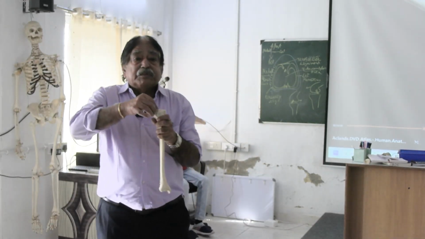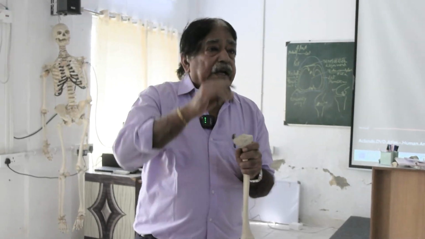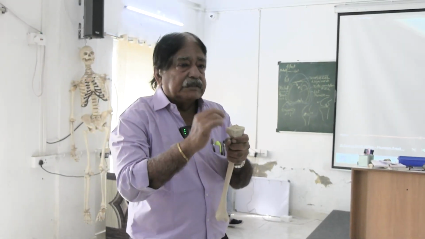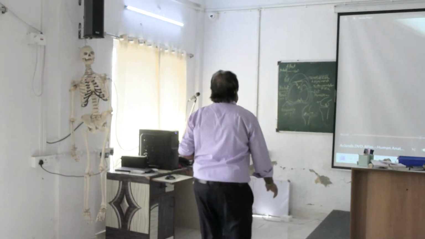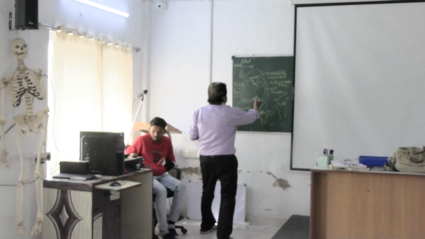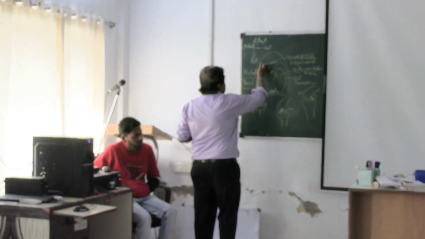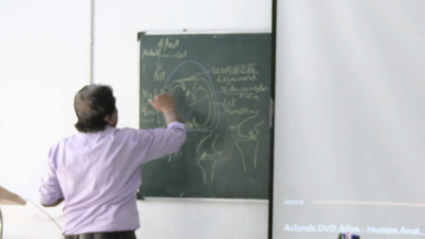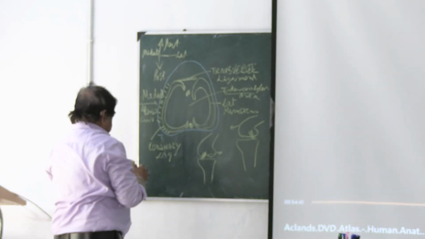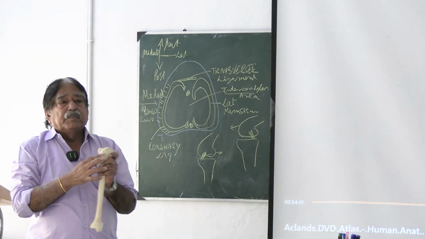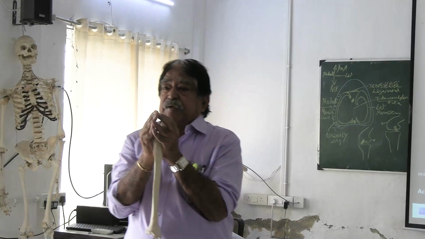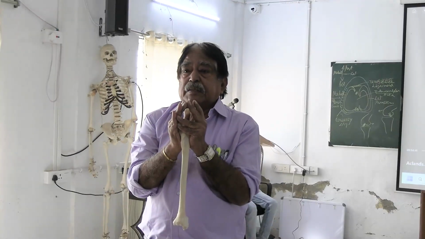Now you see the semilunar cartilage, it is wedge shaped. When you see it in the dissection, you will see it's wedge shaped. This is the lateral meniscus. This is your medial meniscus. You see this arrow: anterior, medial, lateral, posterior. Over here is the tubercle. The knee joint doesn't move like this.